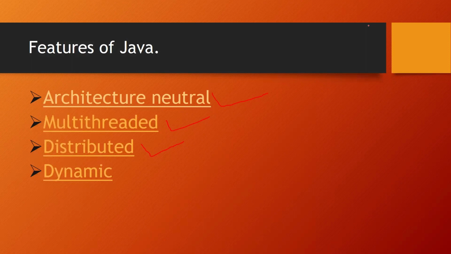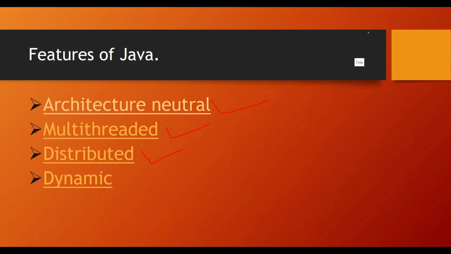Now let's discuss the last feature, which is dynamic. Why is Java called a dynamic programming language? The reason is that it loads the class file during runtime only. Hence, anything that happens at runtime is dynamic.